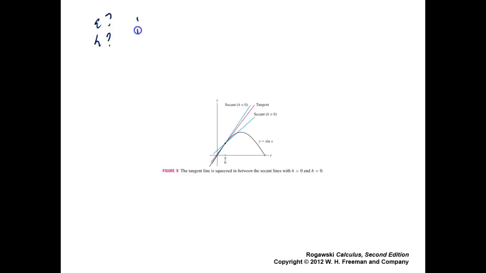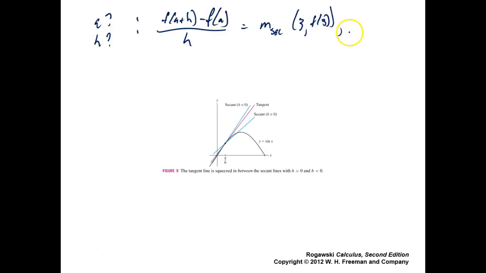Such that f of a plus h minus f of a over h, there's our good old difference quotient in one of the forms, is equal to the slope of the secant line between 3, f of 3 and 5, f of 5.